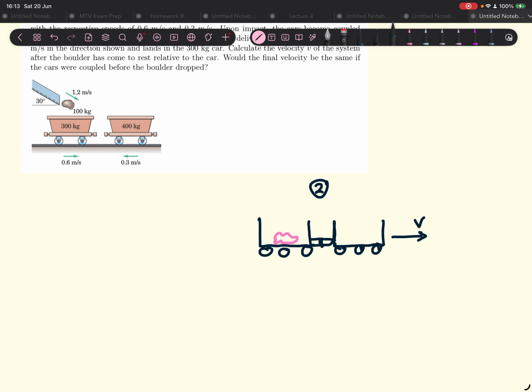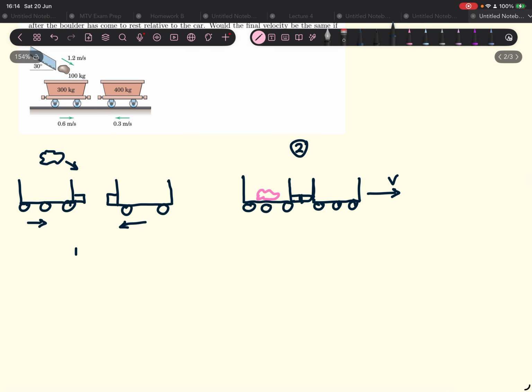So that's our state 2. And then let's draw state 1. So we have the rock, we have the cart, the first one. Okay, that's going at that velocity, cool, and this is going at this velocity. Okay, this is state 1.